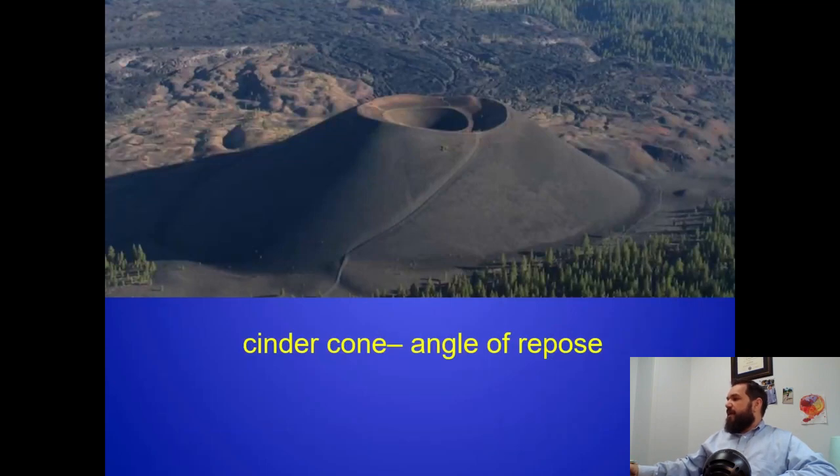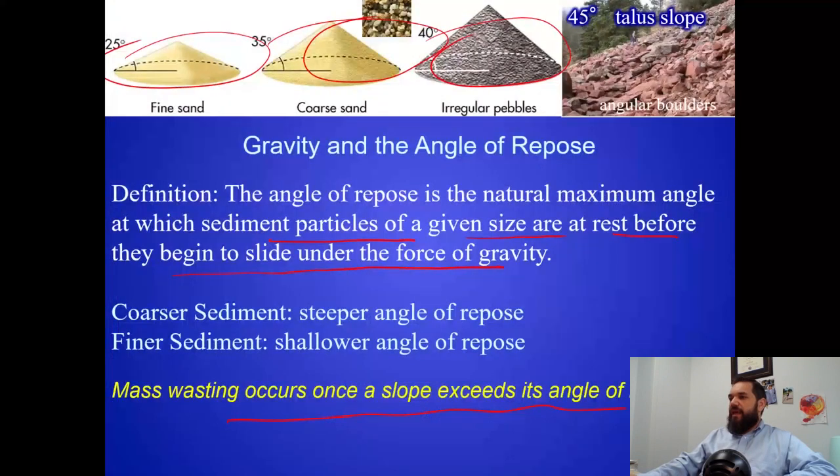So some of the things that can increase or decrease angle of repose. Coarser sediment usually has a steeper angle of repose, whereas finer sediment usually has a shallower angle. Another thing that can affect it is the angularity of the material.